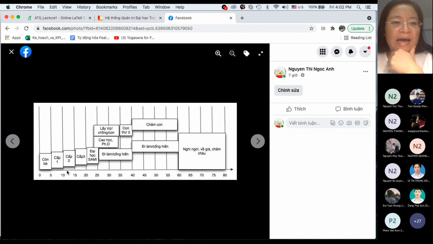Each time step is 5 years. The life expectancy of Vietnamese people now is about 76 years. However, because the step of time I take here is 5, I divided 80 years into 16 intervals.